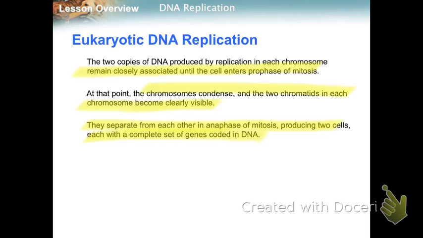So in prokaryotes, the DNA gets copied, and those two chromosomes get separated from each other right away. In eukaryotes, the sister chromatids that are the result of DNA replication are tied together at the centromere, and then they separate at anaphase.